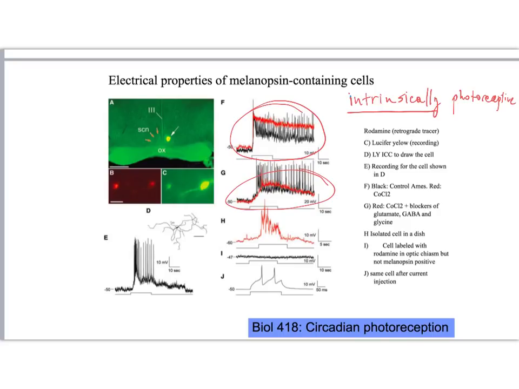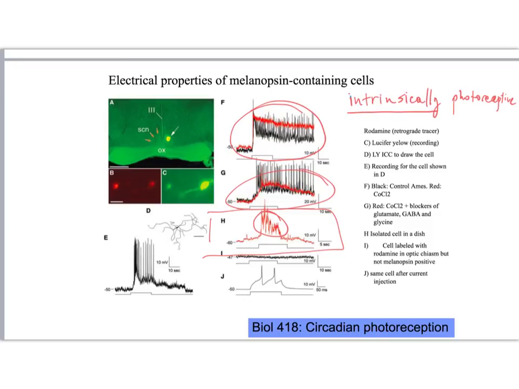And in one case, I think this is the E cell. Oh no, H. H is a cell that is completely isolated on a petri dish on its own, that is melanopsin positive, and you can see that it responds to light even when it's alone. So this obviously cannot be explained by input from rods and cones.